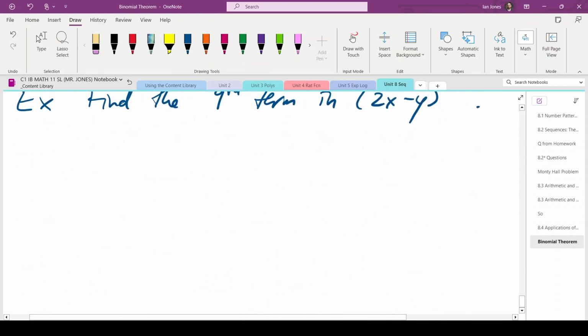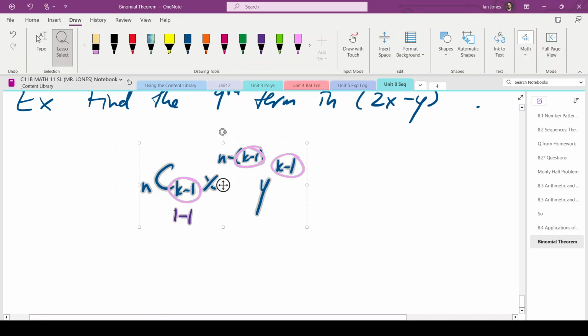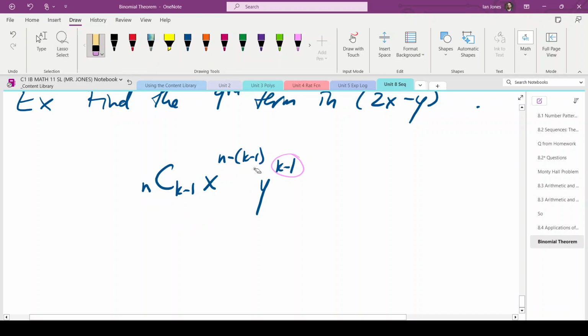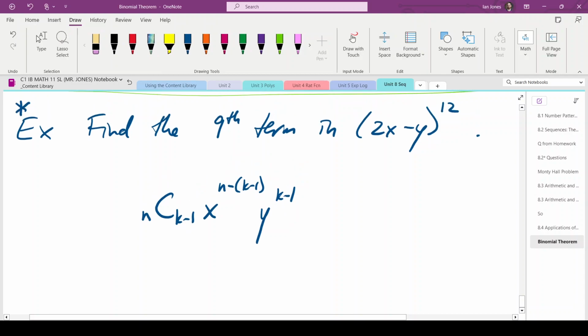The kth term is given to us by n choose k minus 1, x to the n minus k minus 1, y to the k minus 1. In other words, you just need to take the term number and subtract off 1, and that's what you're going to put here, here, and here.